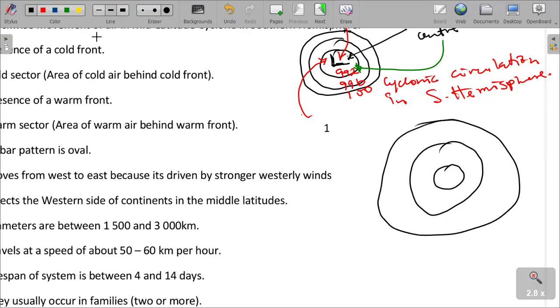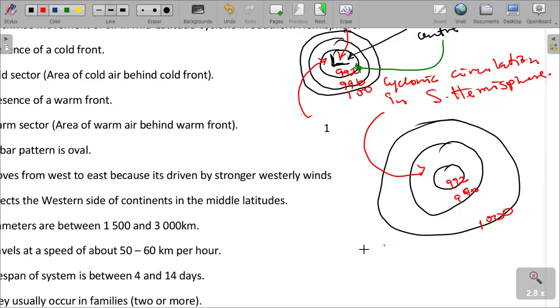I can label to say that we still have our pressure being 992 there, 996, and then 1,000 there. So what is happening here is that the movement now is different. As you can see, the air was circulating like this. In this case now, our air is circulating in an anti-clockwise direction.